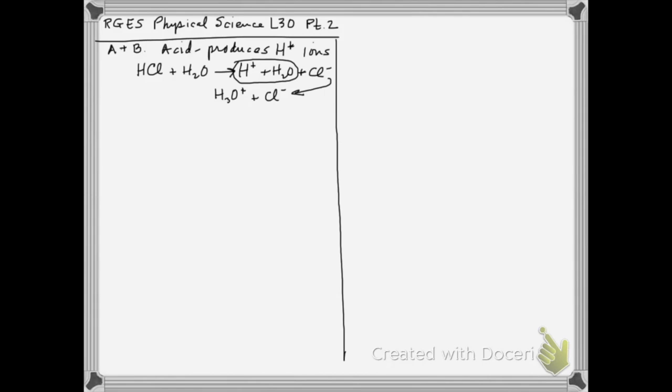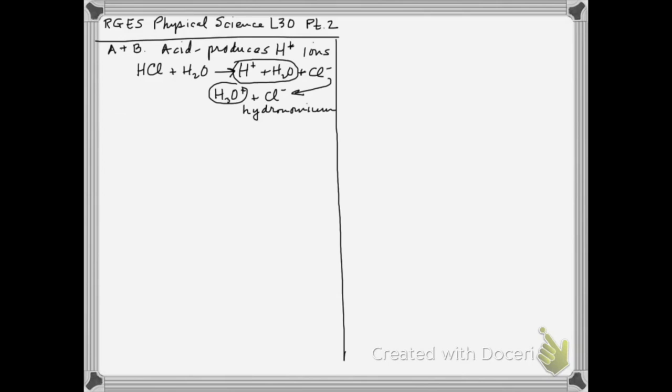So this water plus the hydrogen ion forms a hydronium ion. So oftentimes you'll hear that an acid forms hydronium ions, and there you have one. Now you know why they say that. The hydrogen just combines with water and forms that hydronium.